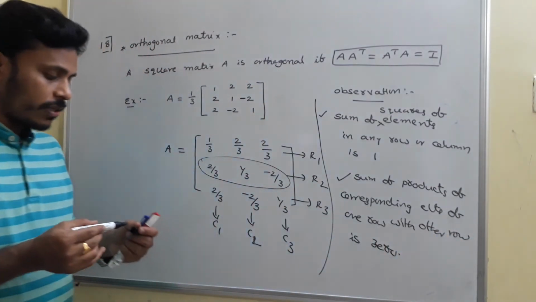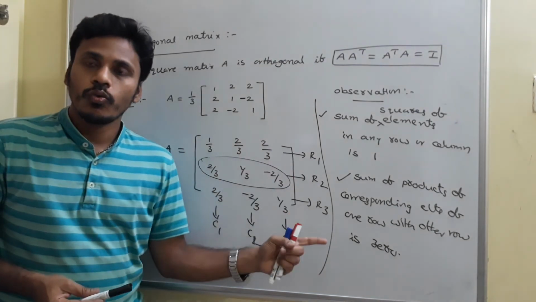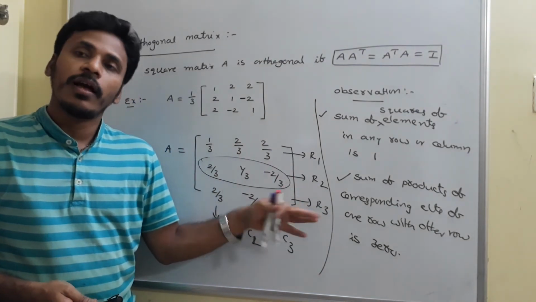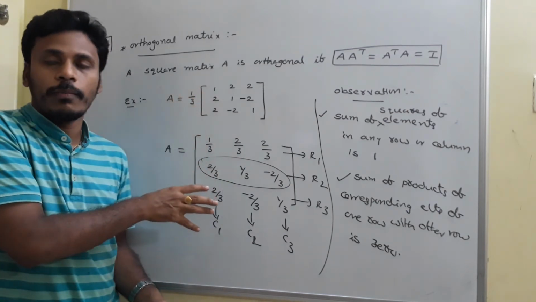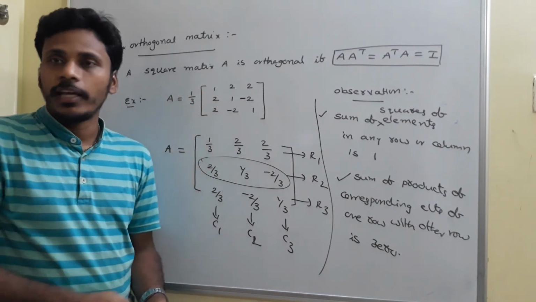These two are the basic observations, and they hold for every orthogonal matrix. Here we are just observing it for the given orthogonal matrix, and we can apply it for any orthogonal matrix.